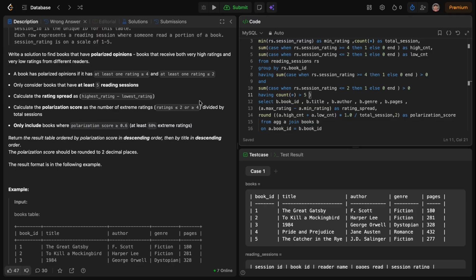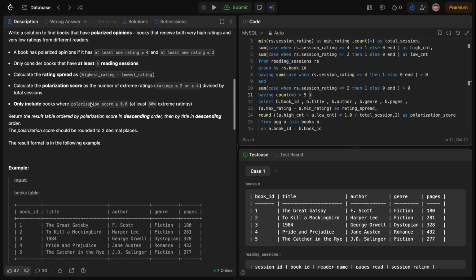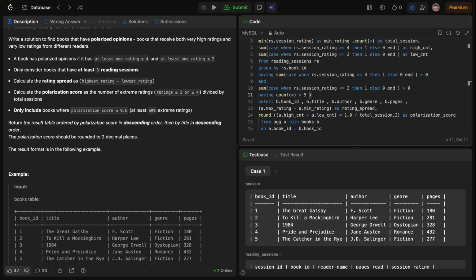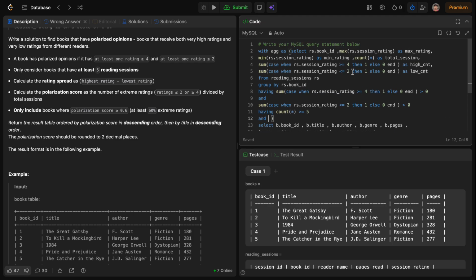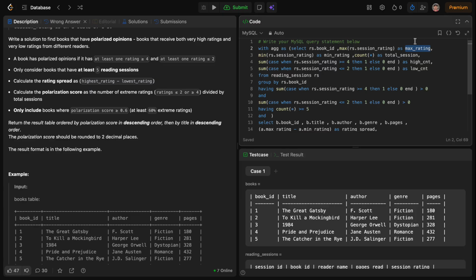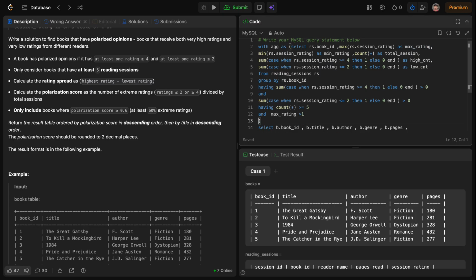Okay, and what are the basic things? So here we use HAVING COUNT greater than or equal to 5, and the high count, the maximum rating we have, should be greater than 1. Okay, and the minimum rating greater than 1.